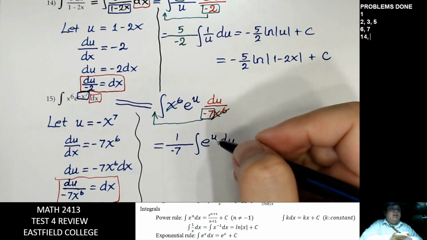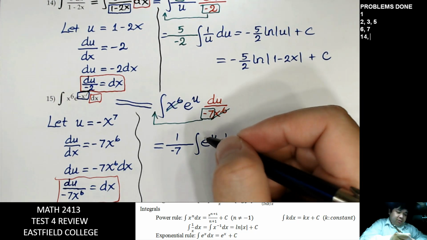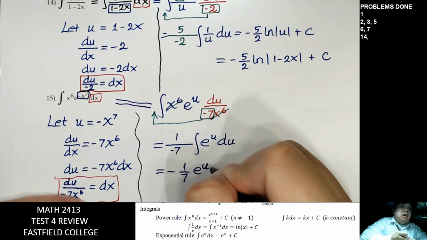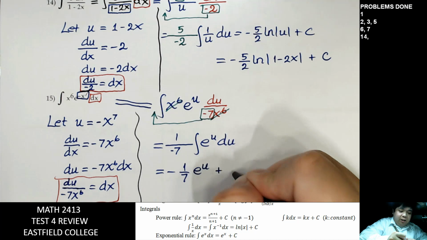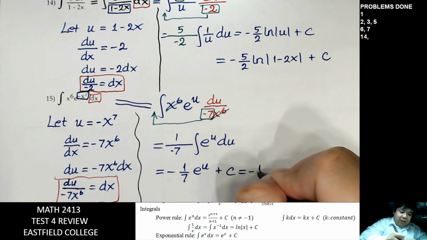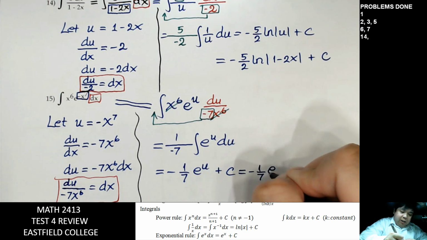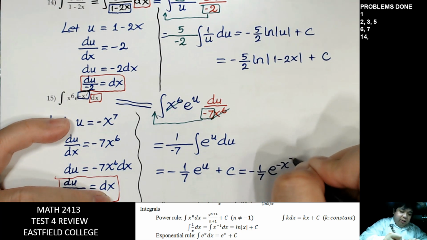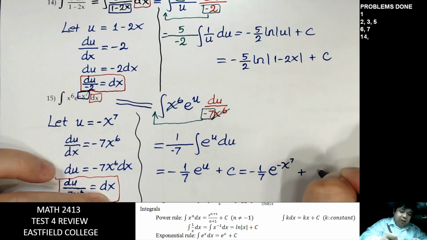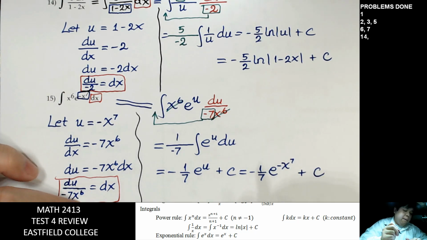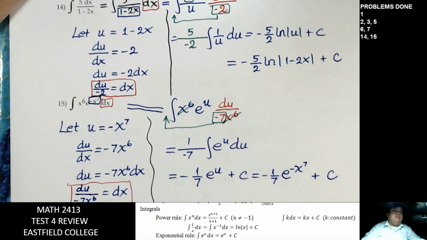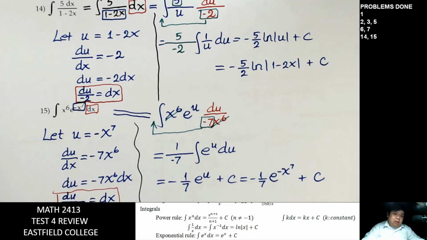Then we just have that. The formula is still on that side. So we have negative 1 over 7, e to the u is still e to the u. And u is negative x to the 7. And then we just have that.